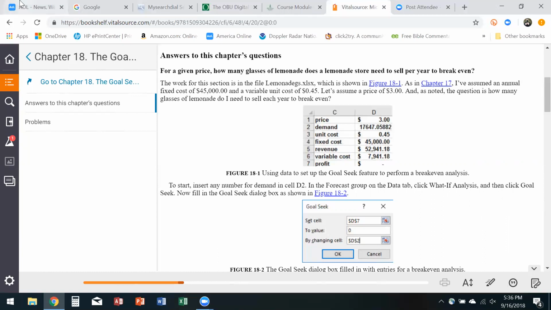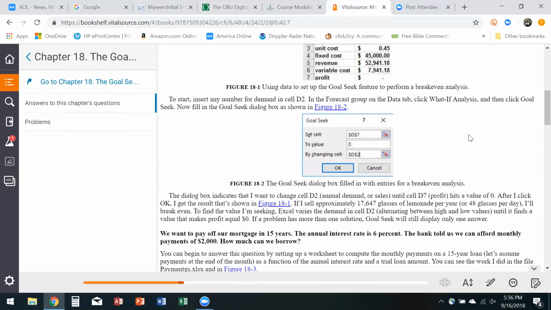For a given price, how many glasses of lemonade does a lemonade store need to sell per year to break even? And then on figure 18.2, they show you how to use the goal seek to accomplish that mission.